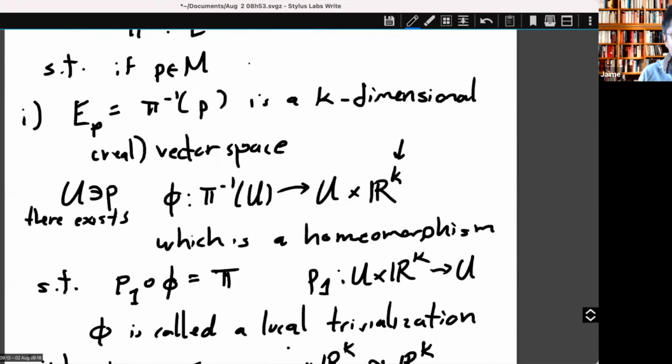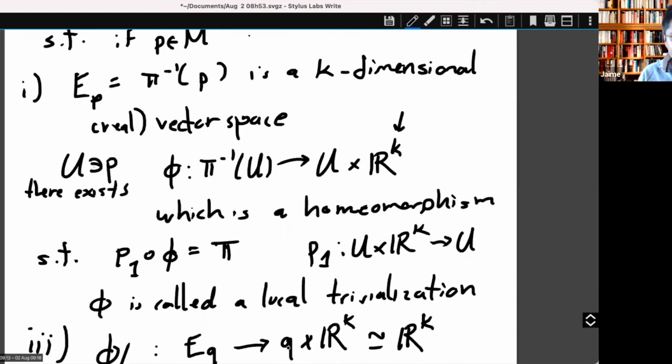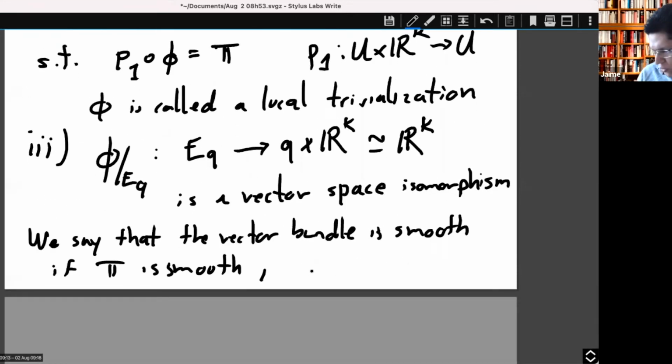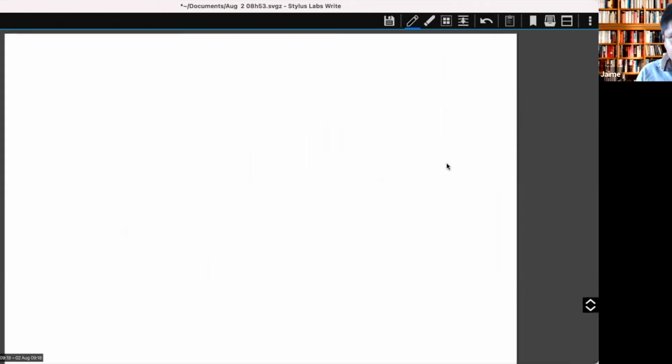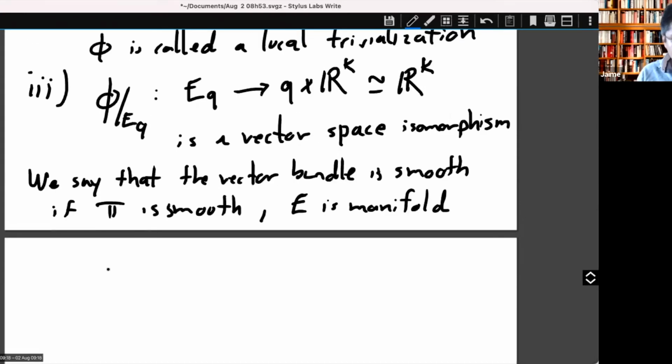Here, I didn't say anything at the beginning, but for that, we also need that E is a manifold, right? So, our friend, the tangent space, which glued to get what I call the tangent bundle.